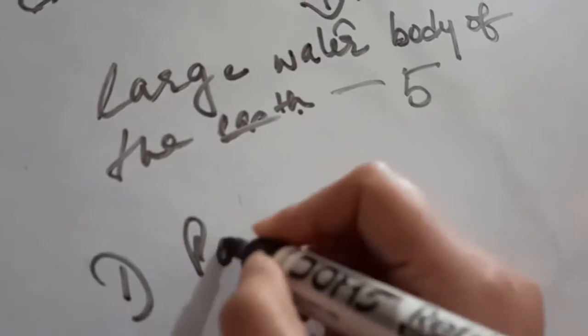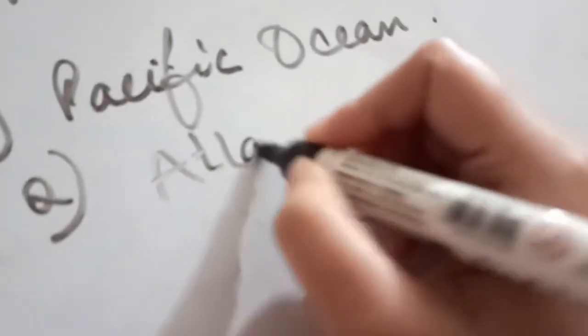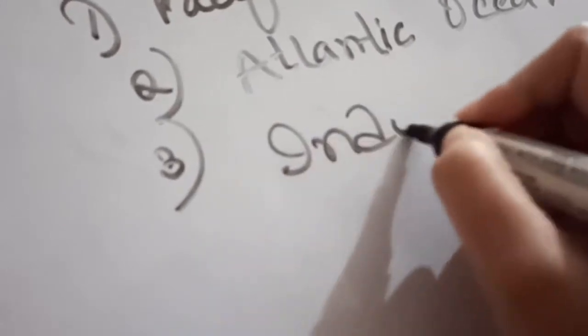major oceans. Number one is the Pacific Ocean. It is by far the largest ocean amongst all of these. Then the second is the Atlantic Ocean. Next, the Indian Ocean.